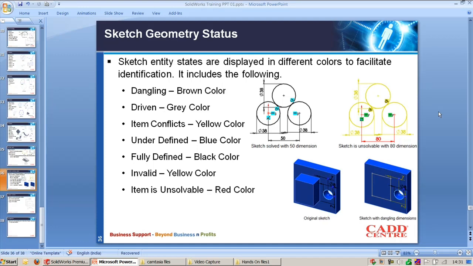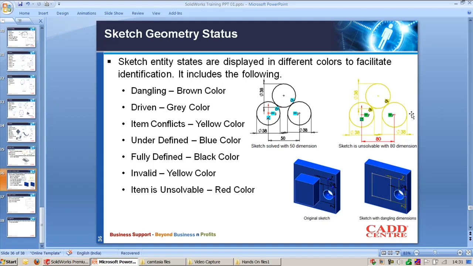Similarly, we can have different representation for invalid geometry, unsolved conditions, and which is not able to define fully, that is underdefined. Everything will be represented in different colors. Now let us start with the first one, dangling.